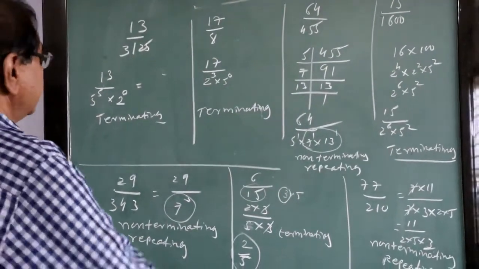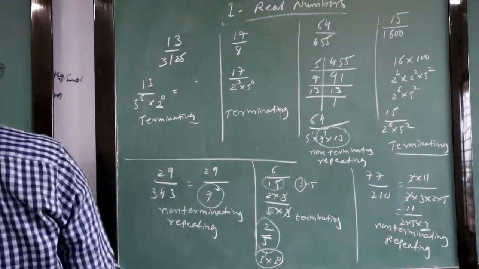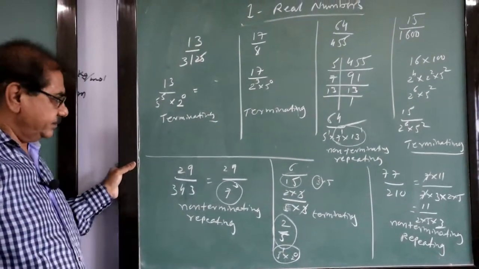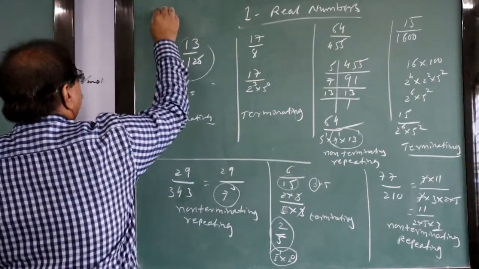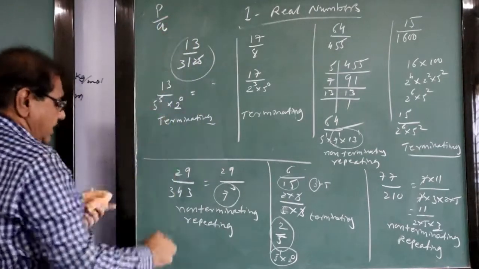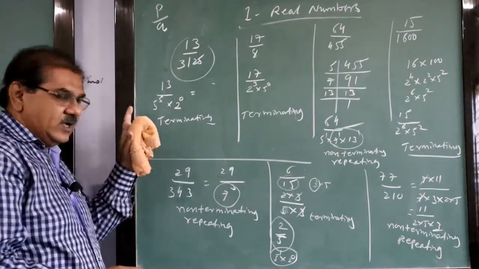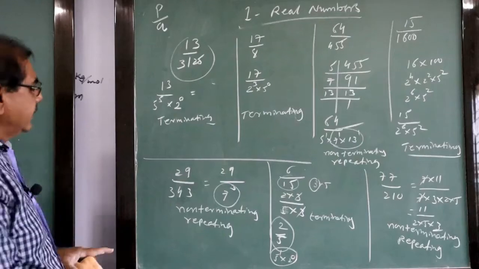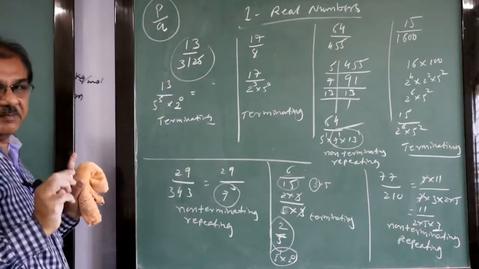Okay? So this is how we have taken certain examples. Now I ask you a question. If the number is of the form p upon q with the given condition, then it is either terminating or non-terminating and repeating, and so far it was a rational number.